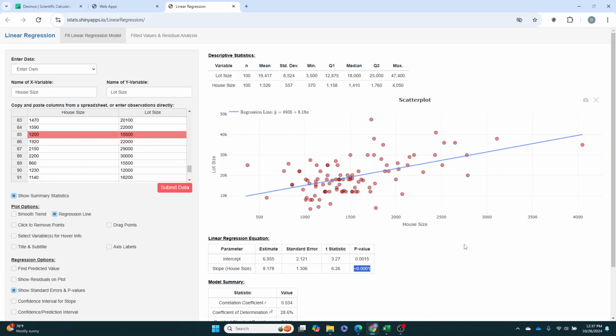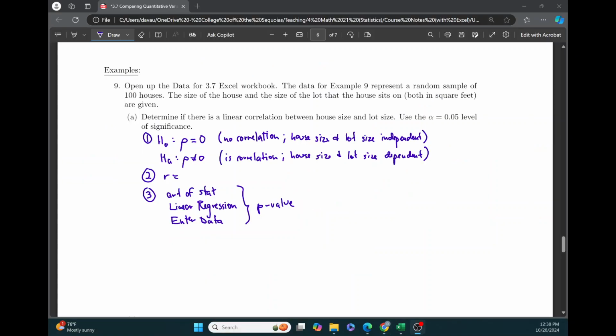Okay, so let's write this down. Our p-value was less than 0.0001. Oh, and our correlation coefficient R was 0.534.